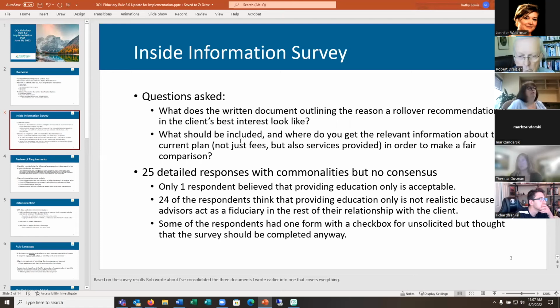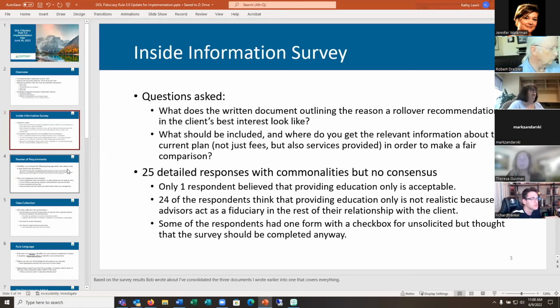And there was only one respondent that believed that providing education only is an acceptable way to qualify for the exemption. The other 24, their opinion was, you are acting as fiduciary to your client in every other capacity in your relationship with them. So to say, I can just provide them education and not act as a fiduciary in this transaction just doesn't hold water. If you're a fiduciary for them, then you would do this as a fiduciary as well.